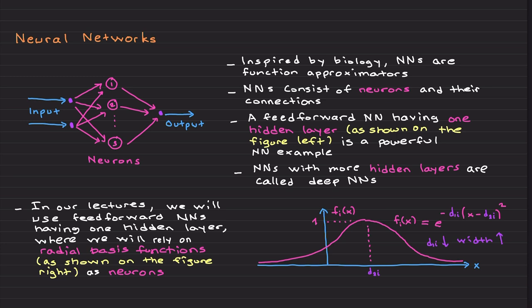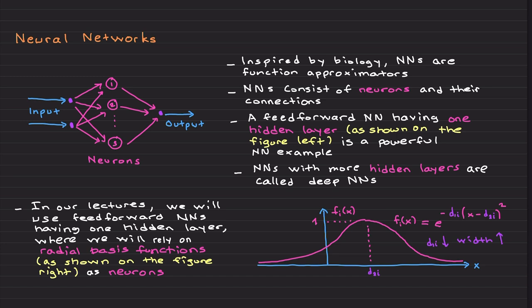Basically, neural networks accept some inputs, produce some outputs, and they have neurons which are inspired by biology. One thing to know for sure is that neural networks are great function approximators. Their structure, their layers, and their neurons classify neural networks.